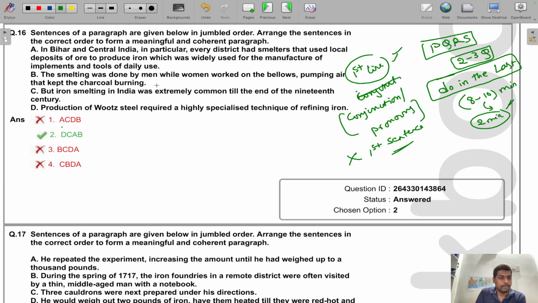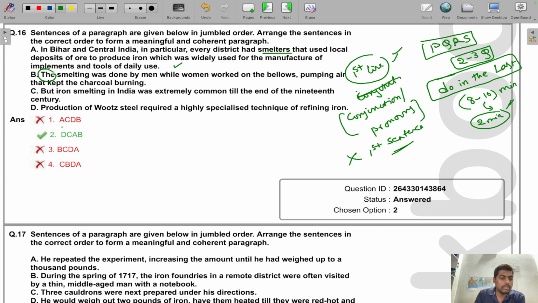Now let us see here. If you see here, in Bihar and Central India in particular, every district had smelters. So they mentioned smelters that had used local deposits, which was widely used for the manufacture of implements and tools of daily use. This can be the first sentence. Let us put it on hold. Now they are mentioning this smelting. This smelting, here this is actually an adjective.